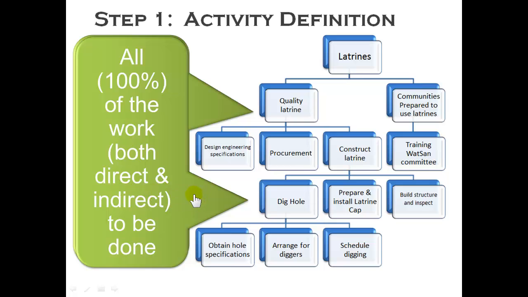Those would include the obvious things like procurement, finance, information technology, security, human resources, those types of things. Those are extremely important but they're not listed sufficiently in the proposal, which primarily deals with direct work. Okay, so the work breakdown structure has to have 100% of the work, including both the direct and the indirect.